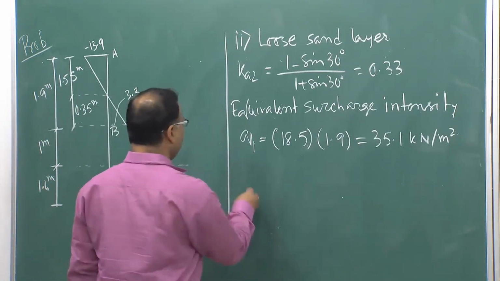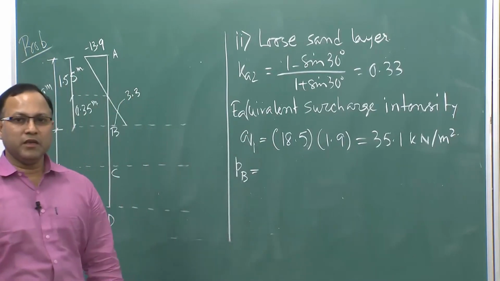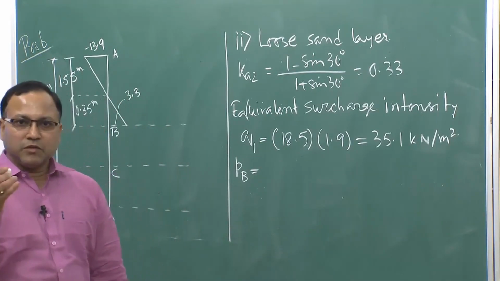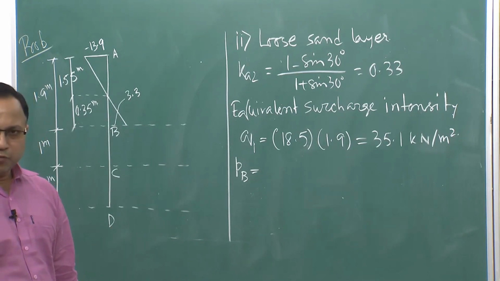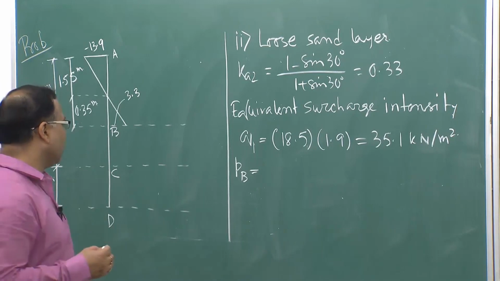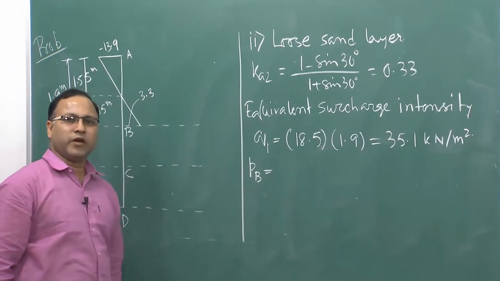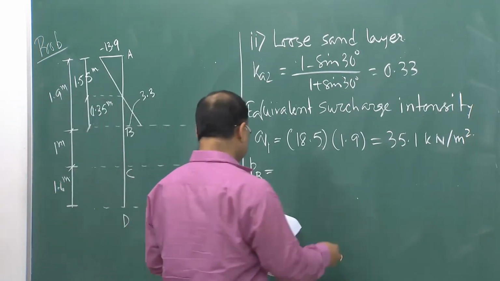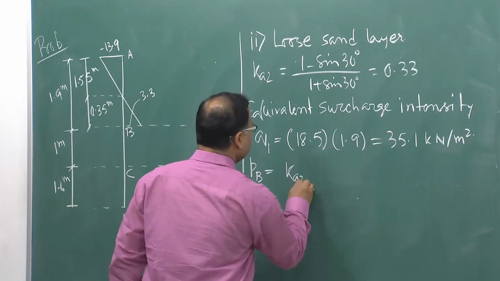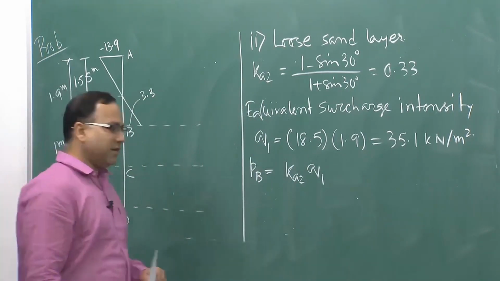Okay. So, therefore, PB, that means active earth pressure at B, as far as you are considering layer 2, that is starting from point B to point C. So, when you are in stratum 2, at that time what is the active earth pressure at point B, and that will give you the discontinuity, that is a jump, right. PB is equal to simply Ka2 into Q1, right.